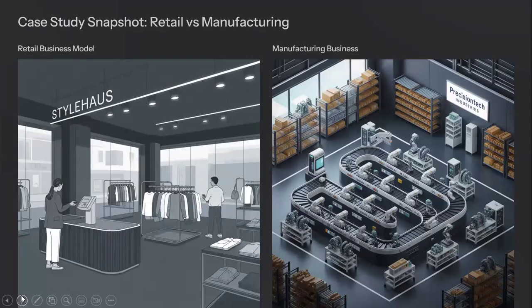Now, on the screen, you are seeing two models. Sorry, one is manufacturing and the other is the retail business. In the case of retail business, if things are sorted properly and taken care of at the optimum level, the customers will like it. They will buy the goods, be happy to see the goods, and the output is there.